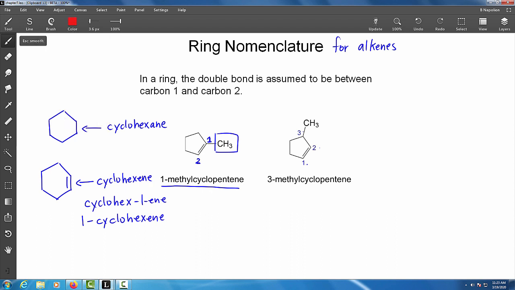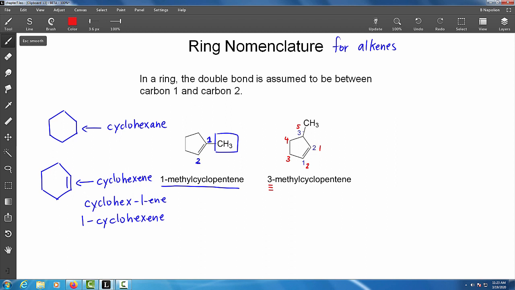If we went in this direction, let's say 1, 2, 3, 4, 5, that would put our substituent on number 5. So we would have 5-methylcyclopentene versus 3, and we want that substituent to have the lowest number on the ring. So thus 3 is the correct name.